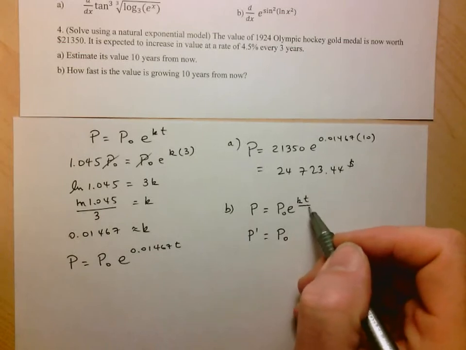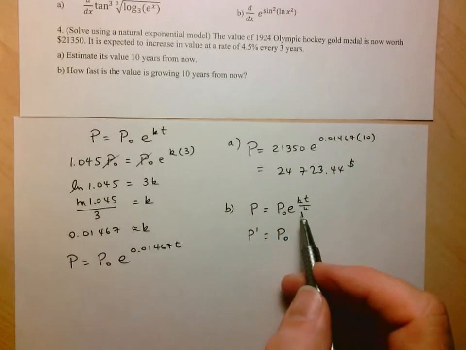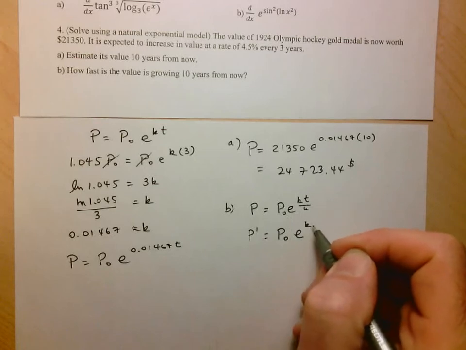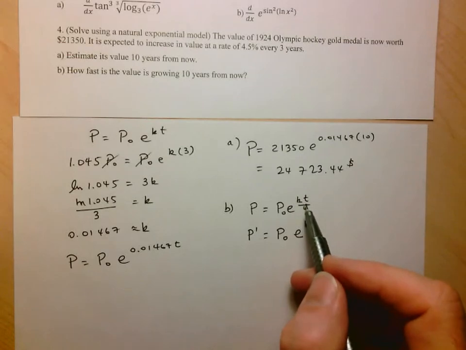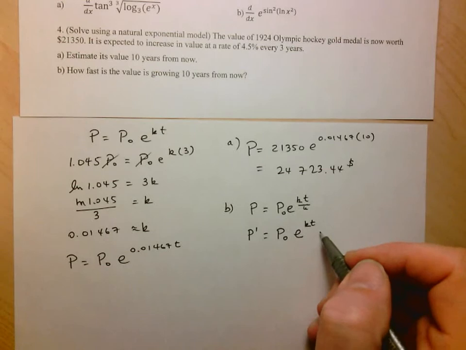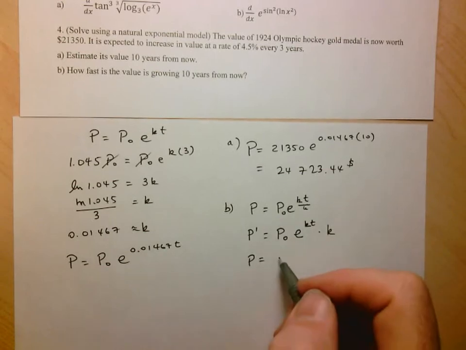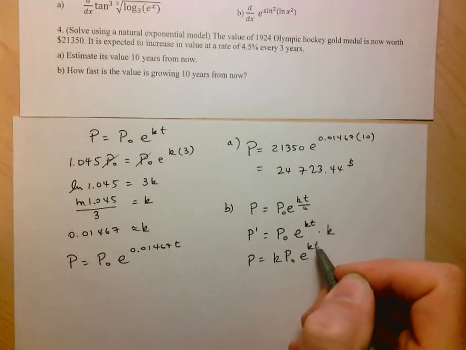Here I need to use the chain rule because that's more than just t. So this becomes my u. The derivative of e to the u is just e to the u, so e to the kt. And the derivative of k times t? Well, t is my variable, k is just a constant, so it's just going to be times k. So the derivative of a natural exponential model is just k times P naught e to the kt.